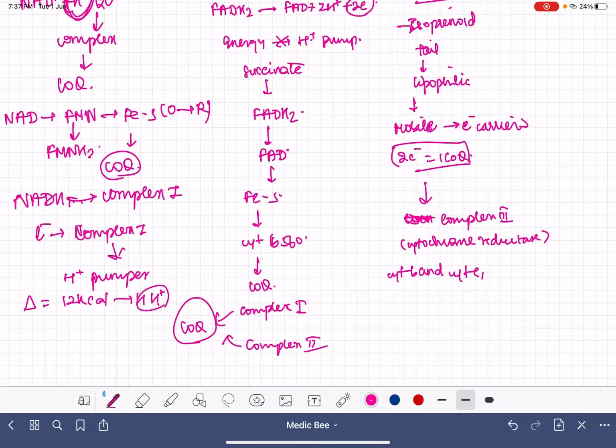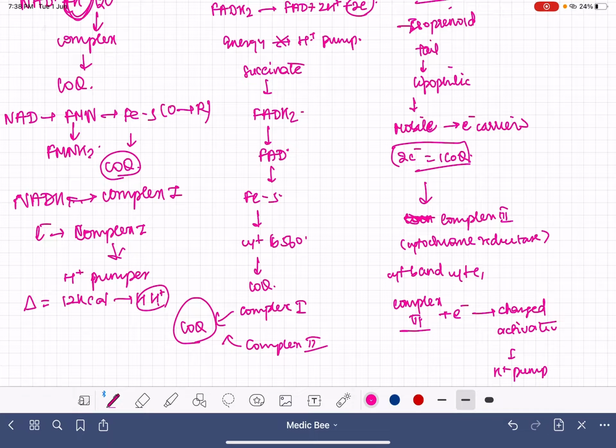Here again, when complex 3 takes up electrons, it will be activated, and this activation will cause H plus pumping. Protons present in the matrix will be pumped across the inner mitochondrial membrane to the intermembrane space.